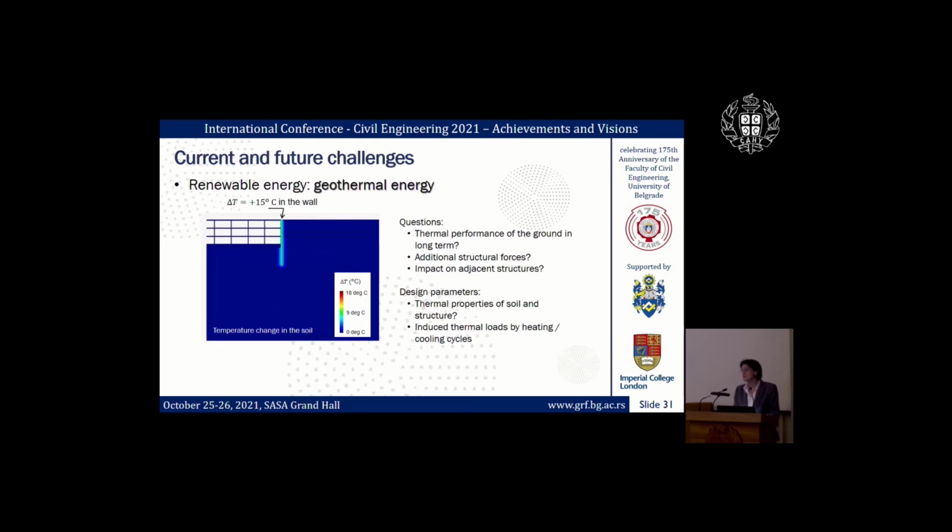Clearly, infrastructure is always an issue. Aging infrastructure, not only in the UK, here in Serbia as well, needs to be extended for future use. The life cycle assessment is very much there when it comes to geotechnical engineering because of this multi-phase behavior of the soil.